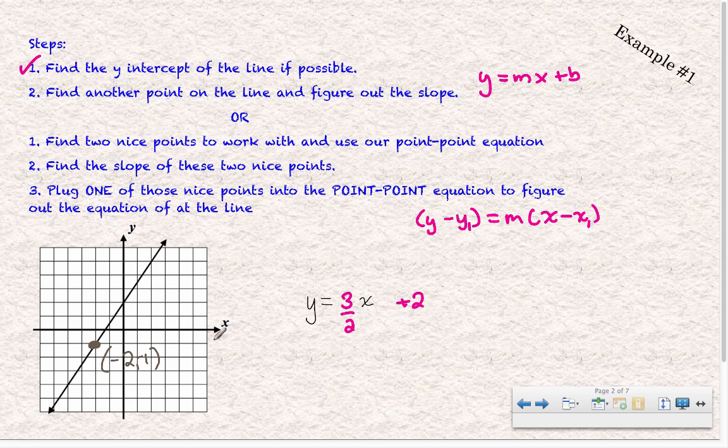So if I put in -1 for y and -2 for x, do some math, voila! -1 equals -1. It works. So my equation of a line is going to work for any point that I put into it.